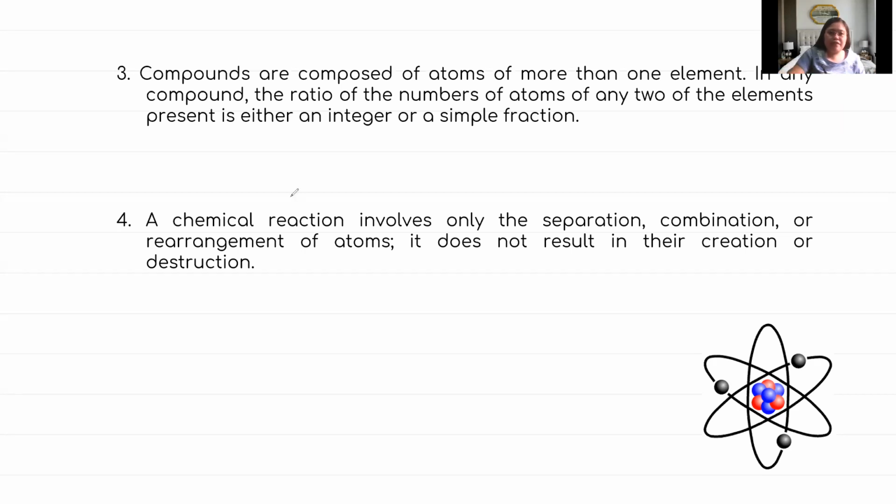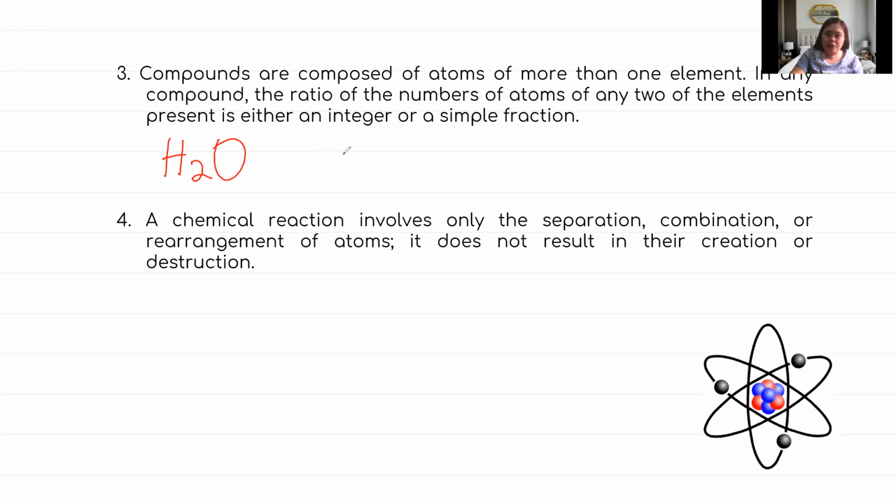We have the compound here, for example, water. This one is a combination of two types of element, that is hydrogen and oxygen. But to form this kind of compound, the ratio of their combination must be definite. It can be an integer or whole number, or it can also be a simple fraction.